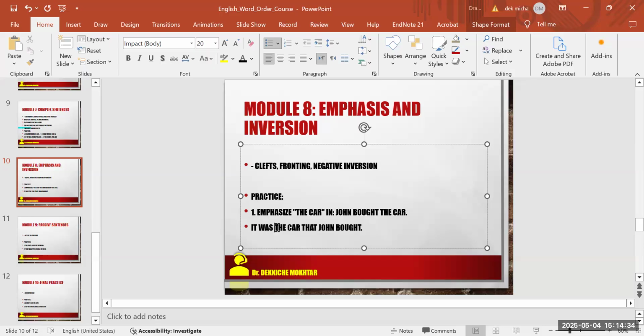It was what? The car. We make an emphasis on the car, not John, not what he did. The focus here is on the car. It was the car that John bought.